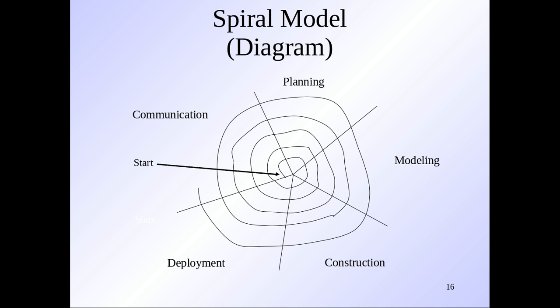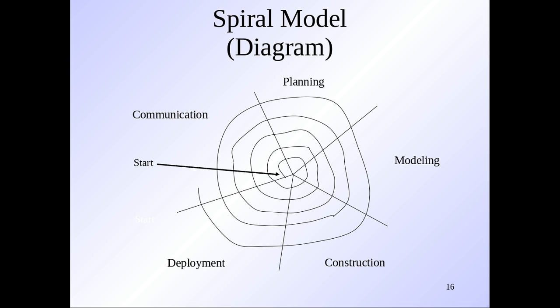Now next is the spiral model. In a diagram we have to categorize the cycle into sections, and that should be your spiral model. You may not know how the spiral will be created. That is that type of modeling in software development models. The spiral model combines the well-known waterfall model and iterative prototyping.